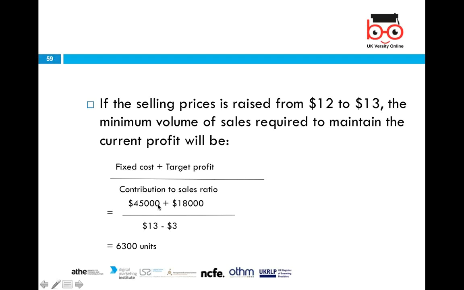So we know our target profit is $18,000 and our fixed cost is $45,000. Now our selling price is $13, and our targeted profit units will be 6,300 units, which was 7,000 units before at $12.